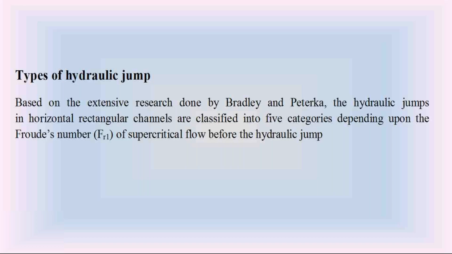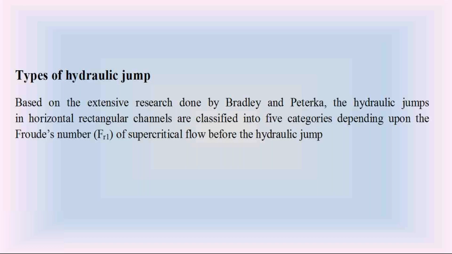Based on that FR1 value, that is the Froude number before the hydraulic jump, small q divided by root g into y1 cube, we can classify the hydraulic jump in open channels into 5 categories. So please everyone follow these types of hydraulic jump.